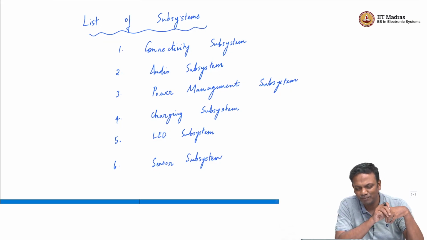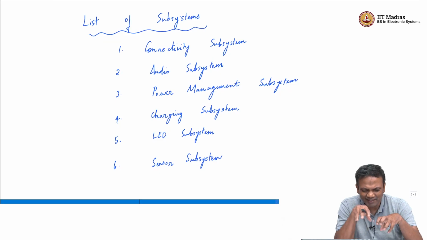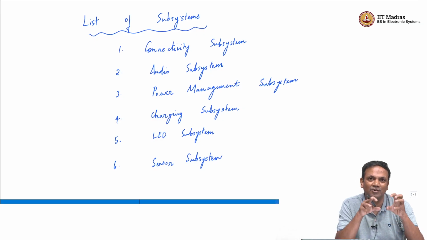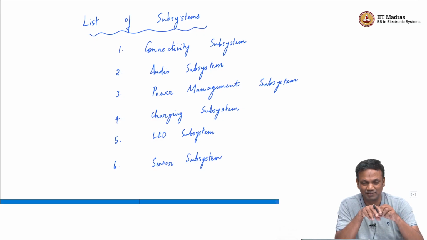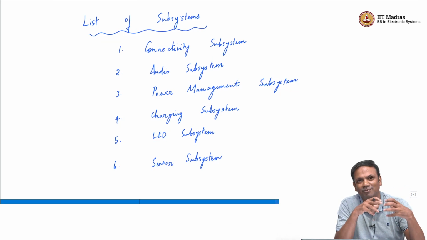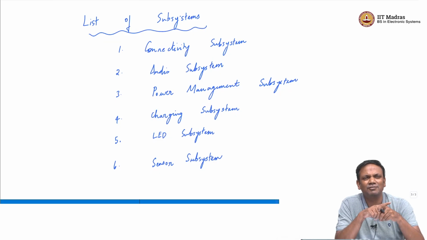Maybe what we will do before that is try to dig a little deeper into these subsystems. We will look at each of these subsystems and partition each into digital blocks and analog blocks, and get a sense of the kind of subsystems we are talking about when we say analog systems.